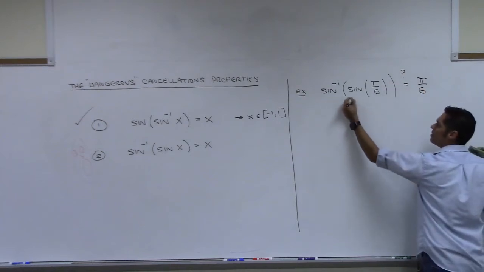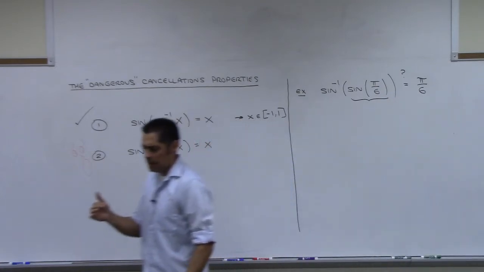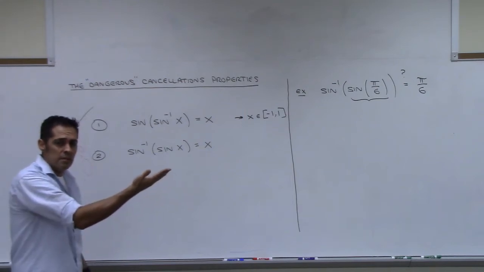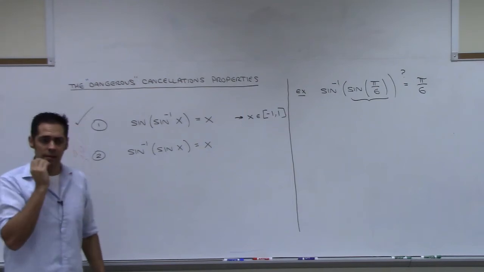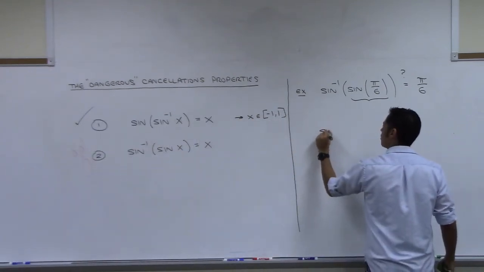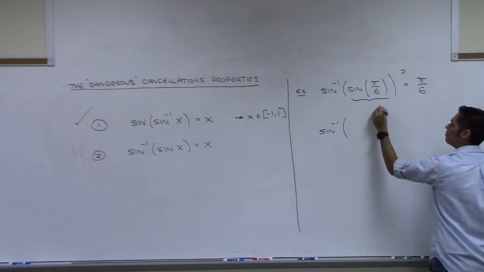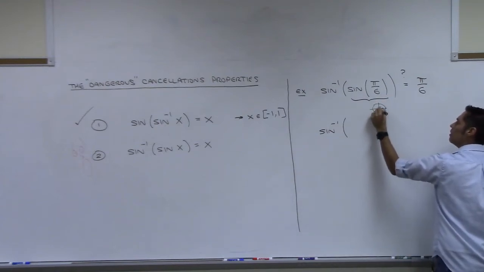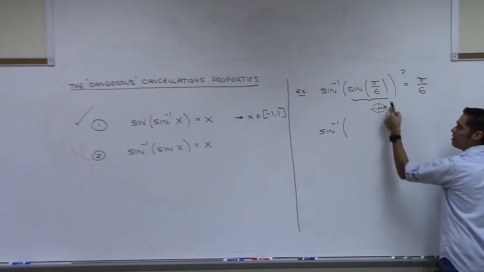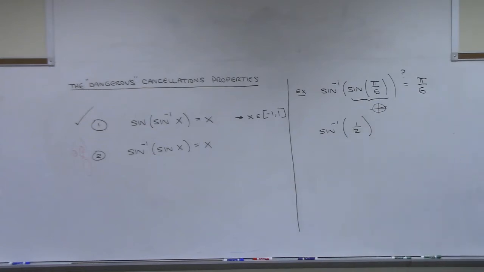So we start with the inside. Sine of pi over 6. That is saying to me, go to pi over 6 and give me which coordinate? The y-coordinate. So what is the y-coordinate at pi over 6? 1/2, right? So at pi over 6, go there, get the y-coordinate, it's 1/2. Now I want to take arcsine of that.